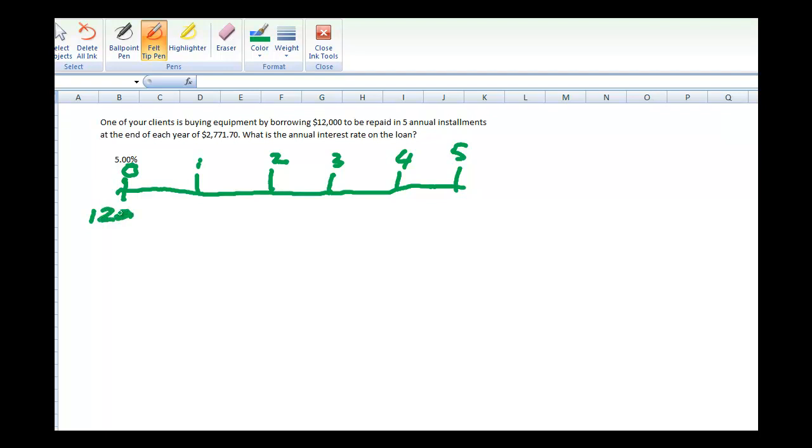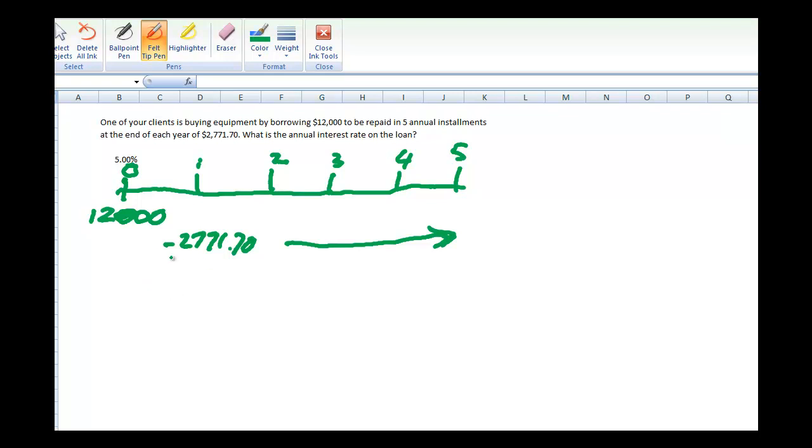So we'll put here, that's what we got right at the start. And then each year after that, we're going to have to pay out payments. And they're going to be $2,771.70. And those will go out through year 5. I could put them all down individually, but I think you understand that well enough.